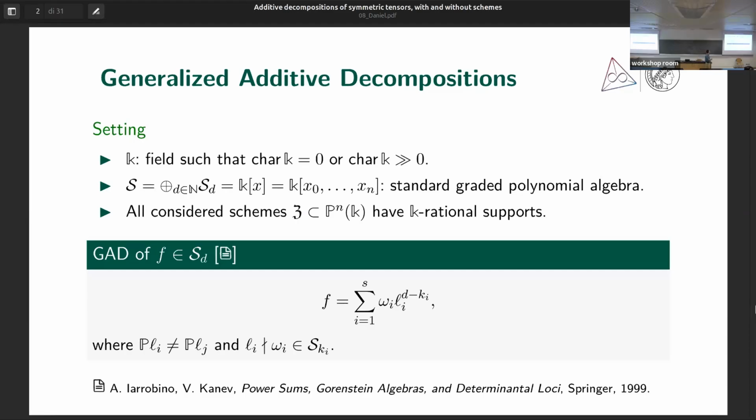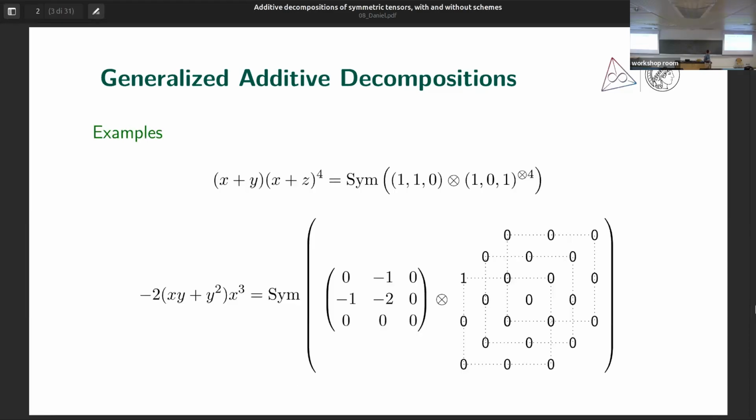These forms, as far as I know, were introduced in this book by Iarrobino and Kanev, but they have been around for a while. And this is just a tensor intuition of this. So the idea is that we want to represent these homogeneous polynomials, these symmetric tensors, by using lower order symmetric tensors.